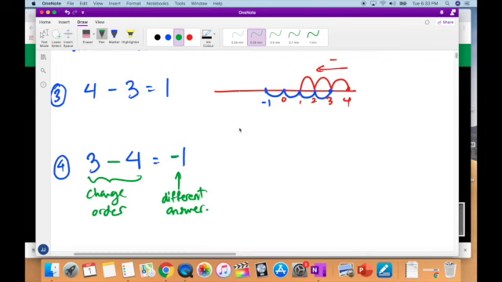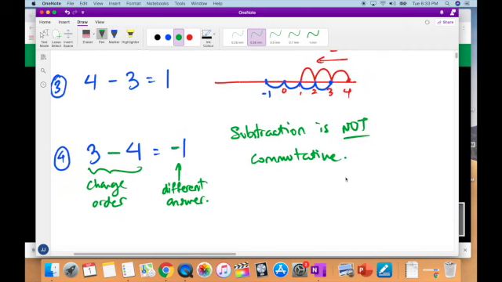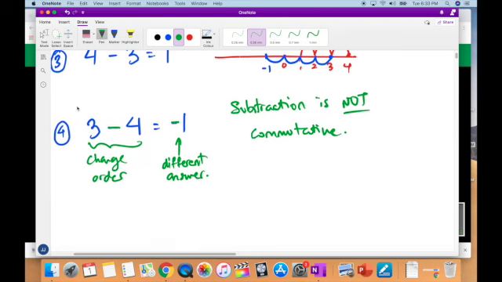So therefore, subtraction is not commutative. But addition is commutative.